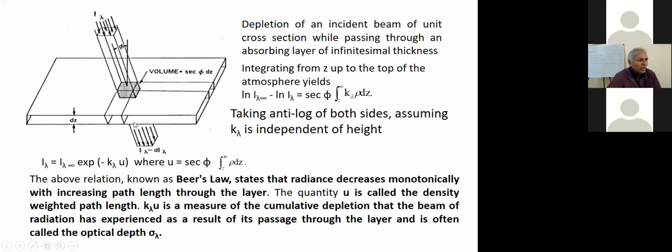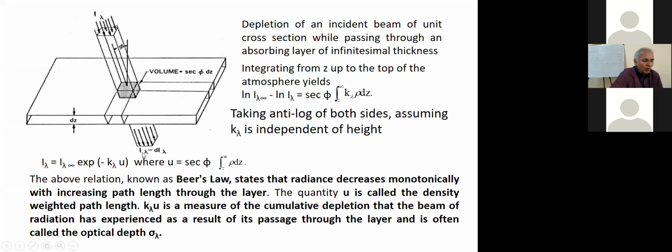Obviously the amount transmitted is less than the amount incident. That reduction is accounted for by the fact that some of this radiation is absorbed by this layer of absorbing gas.